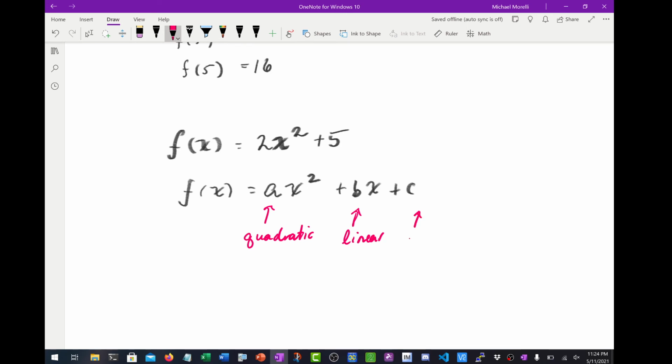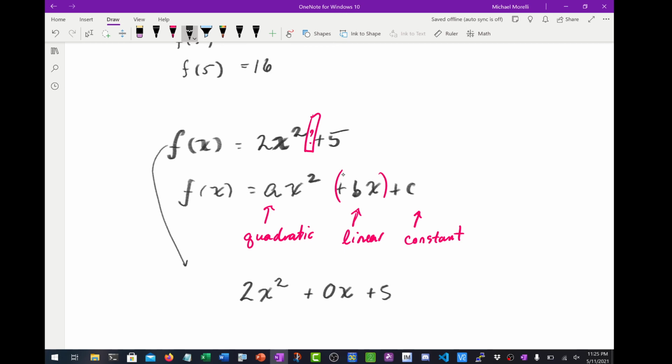And this is called the constant. Notice that the linear term is missing from here. It's missing, so it's actually 0. So if you wanted to rewrite this, you could write 2x squared plus 0x plus 5.